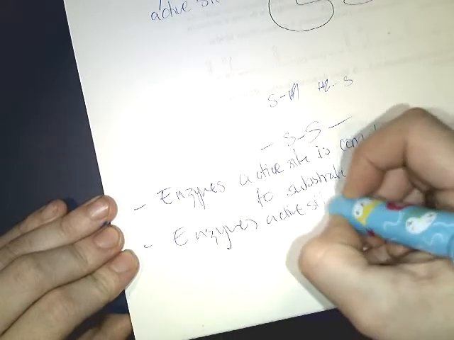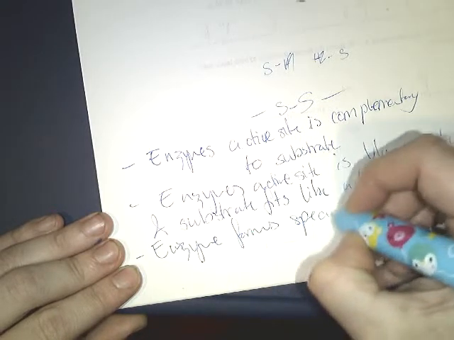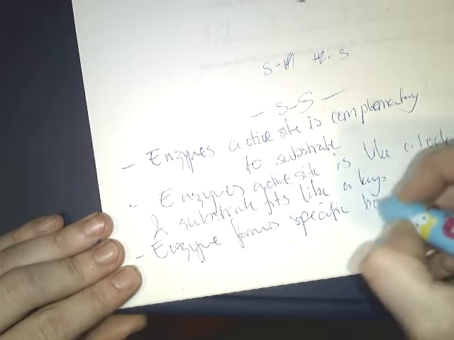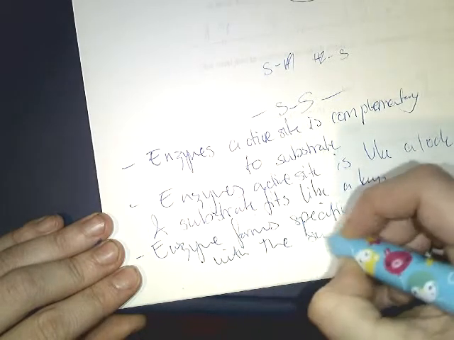Enzyme's active site is like a lock, and substrate fits like a key. You may also say the enzyme forms specific bonds with the substrate.